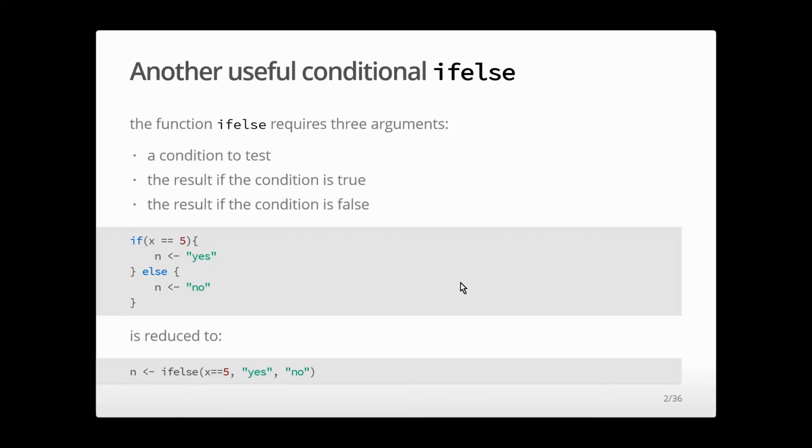Rather than having if x equal to 5, then n is yes, or else n is no, you can combine that, reduce that into if else x equal to 5, yes or no, and then assign that result to n.